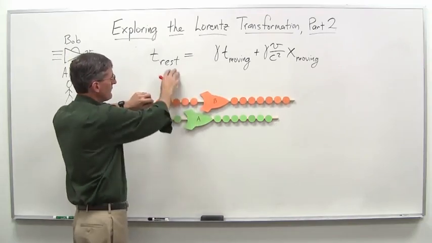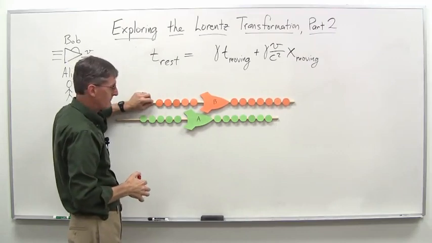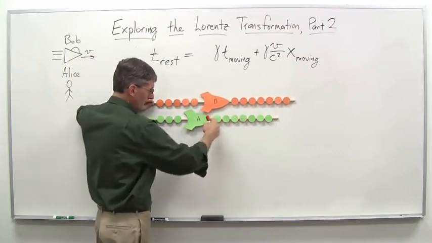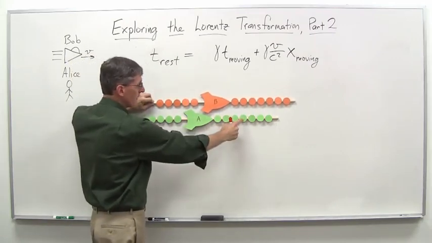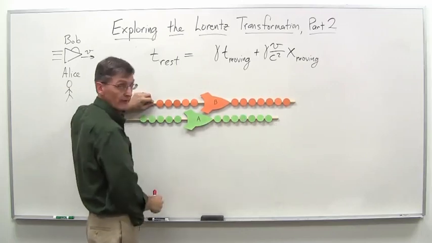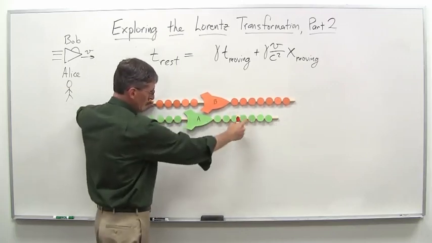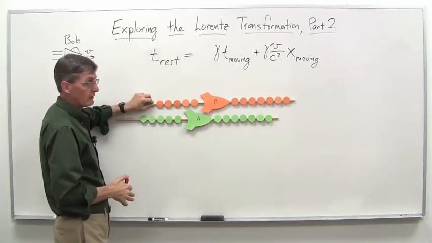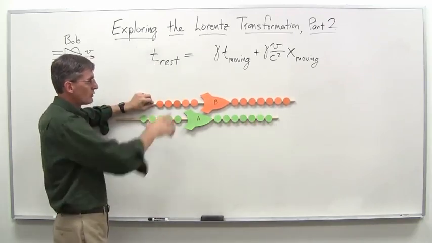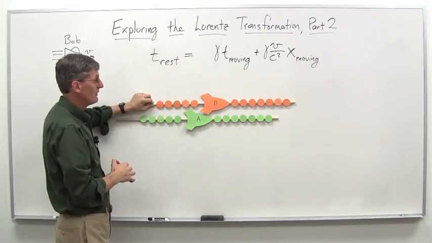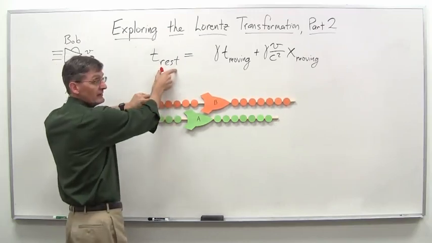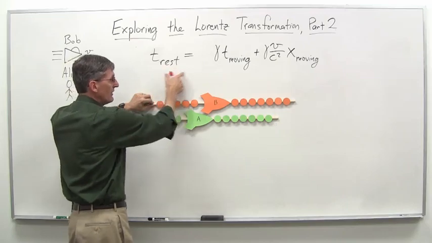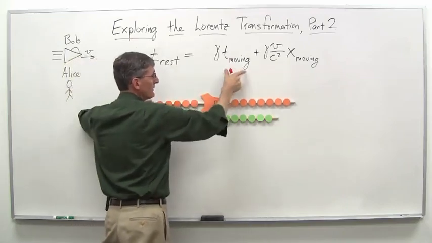And note one thing about our equation here: let's say we've got a time right here. These are all 10 seconds reading on Alice's clock. So we've got 10 seconds on that one. What is the value of the corresponding clock right here going to be on Bob's clock at that instant in time? Well, according to the Lorentz transformation equation, if this is 10 seconds according to Alice, I've got something plus something over here.